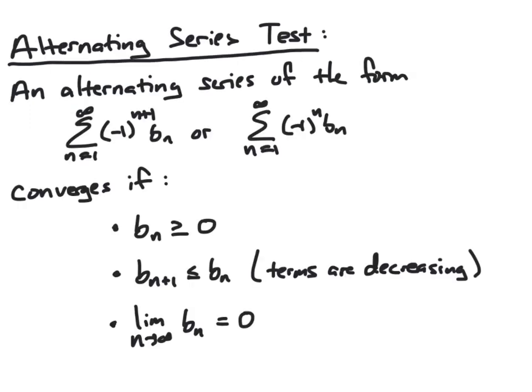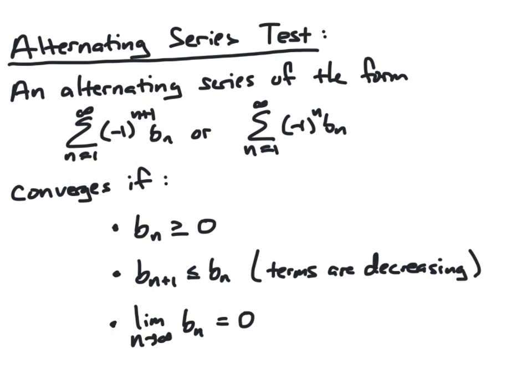So the alternating series test says that if we have an alternating series of the form the sum n equals 1 to infinity of negative 1 to the n plus 1 times b sub n, or the sum n equals 1 to infinity of negative 1 to the n times b sub n, then the alternating series will converge if the following three properties hold. We need the term b sub n to be greater than or equal to 0.